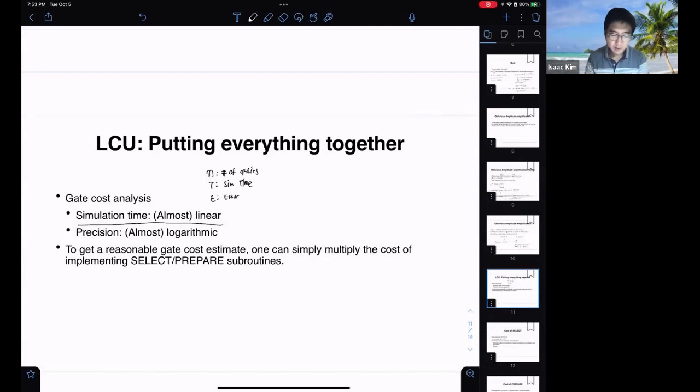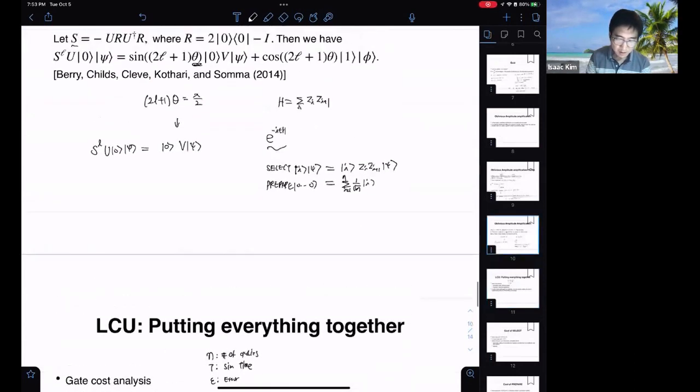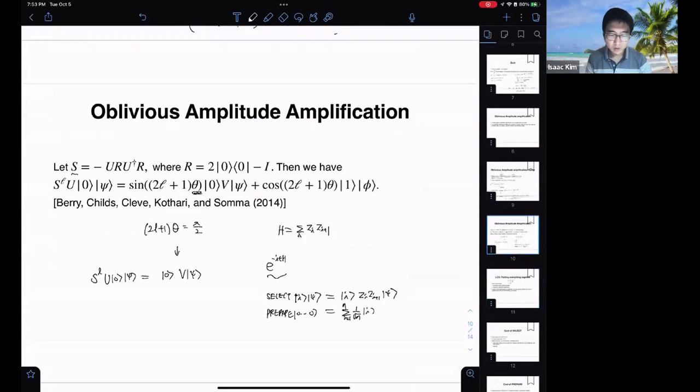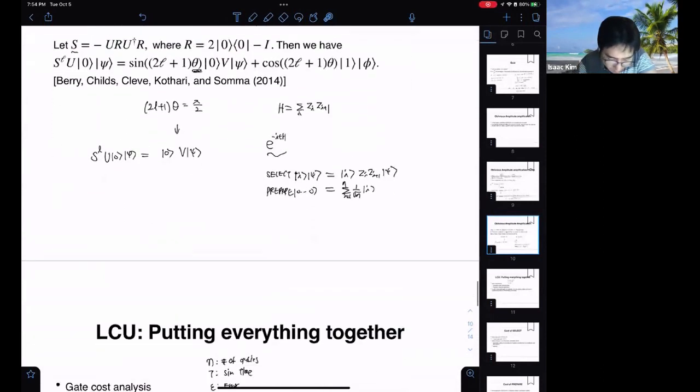The way this algorithm works at the high level is basically applying this S operation over and over again. So you apply this UR, U dagger R, UR, U dagger R, UR, U dagger R, and R is just a very simple operation. And U was the operation that involved select and prepare. Because the algorithm has such a simple structure, all you really need to do is quantify the cost of the select and prepare.